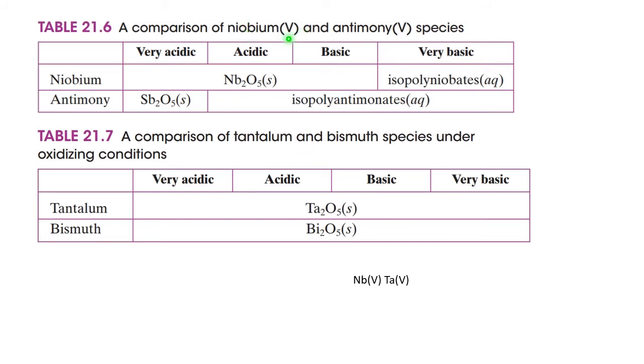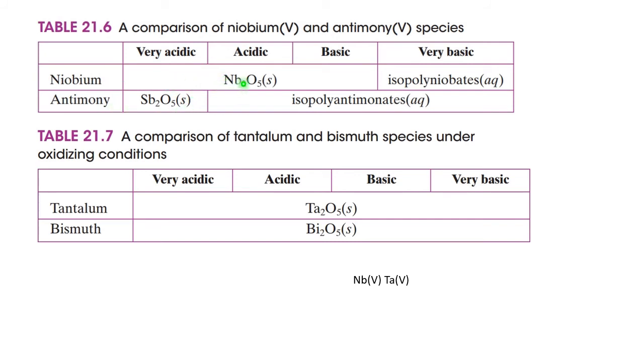Niobium and tantalum have highest oxidation number of 5. Contrary to vanadium, reducing niobium and tantalum is rather difficult. There is some analogy between niobium and antimony, so group number 5 and group number 15.